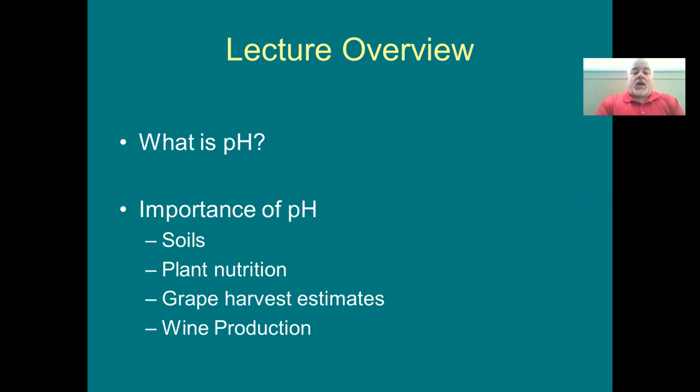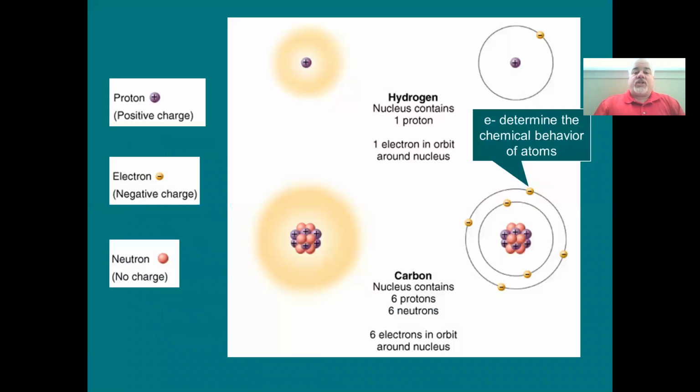So pH is very important in the soil. It impacts the plant's ability to uptake nutrients. And it's certainly, as I mentioned, important in harvest estimates and wine production.